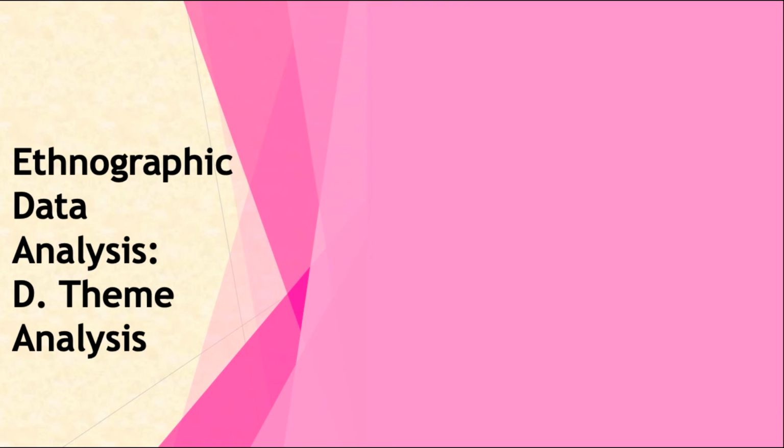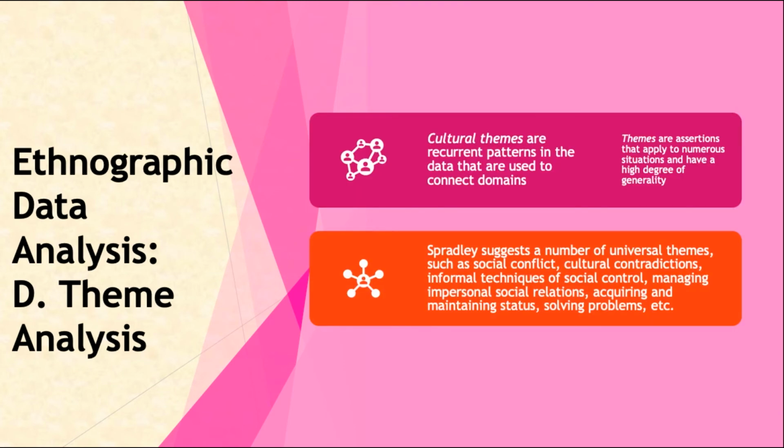So the theme analysis. Again, cultural themes are recurrent patterns in data that are used to connect domains. Here themes are assertions that apply to numerous situations and have a high degree of generality. So the theme is the larger. We start from the domain, then we go to the category. We explain the relationship between the domains.